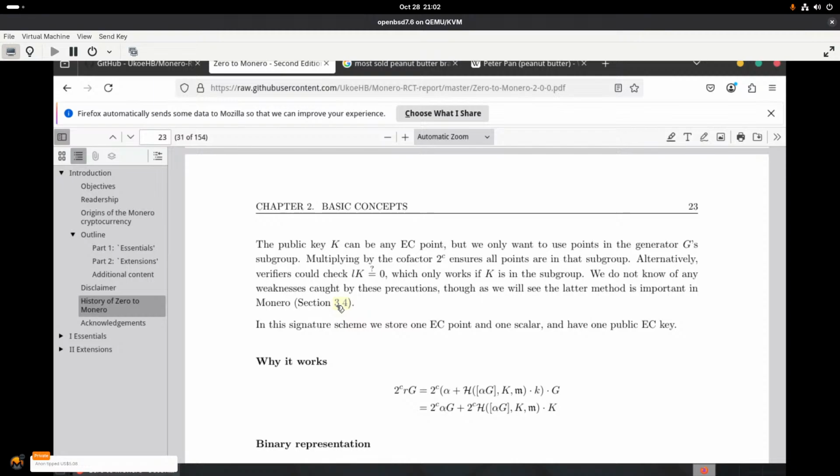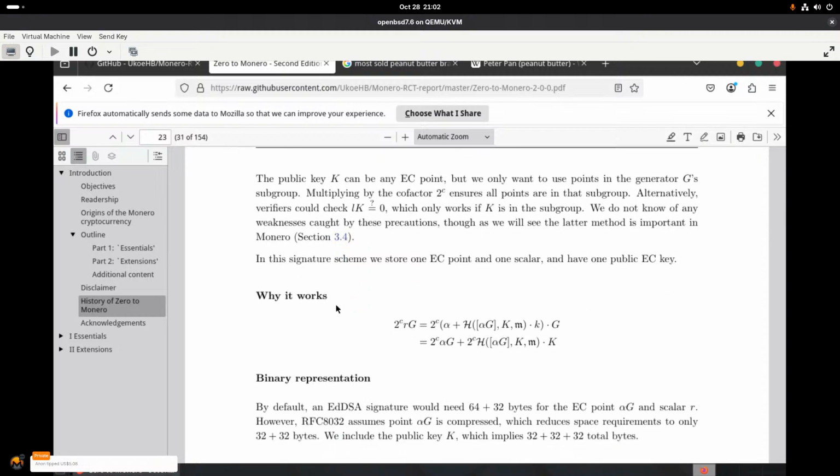The public key K can be any EC point, which is a curve point, but we only want to use points in the generator G's subgroup. Multiplying by the cofactor 2^c ensures all points are in that subgroup. Alternatively, verifiers could check that l times K equals 0, which only works if K is in the subgroup. We do not know of any weakness caught by these precautions, though, as we will see, the latter method is important in Monero, section 3.4.